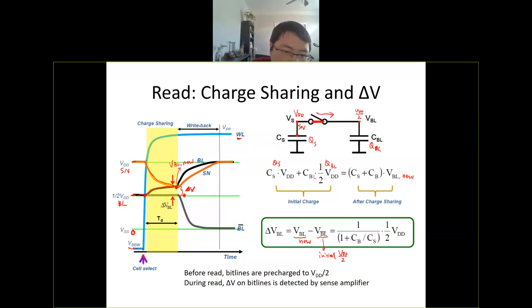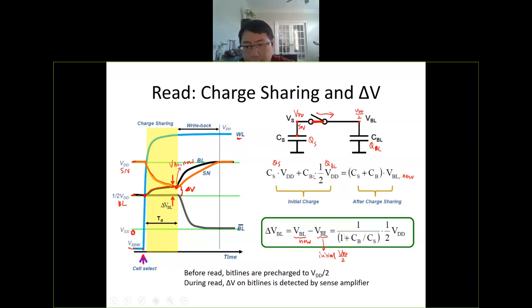You will get the delta V, the difference. So you can calculate that. I will skip the derivation, but it's just a matter of math. You just move the terms around, and then eventually you can get this equation for the delta V. So that is the change of the bit line voltage.